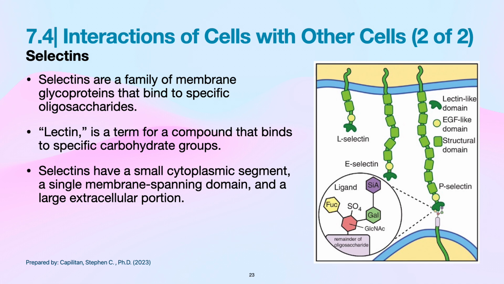In this inset, the detailed structure of the carbohydrate ligand is shown. The terminal fucose and sialic acid moieties are particularly important in selectin recognition, and the N-acetylglucosamine moiety is often sulfated.